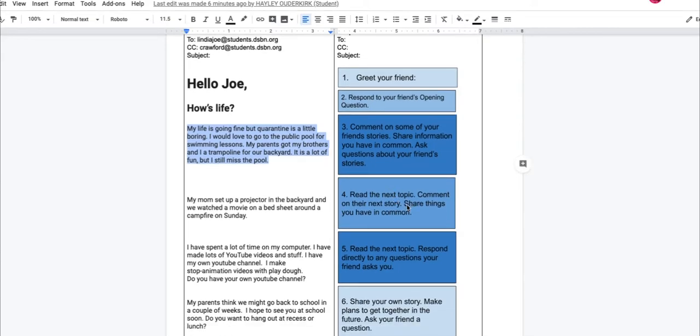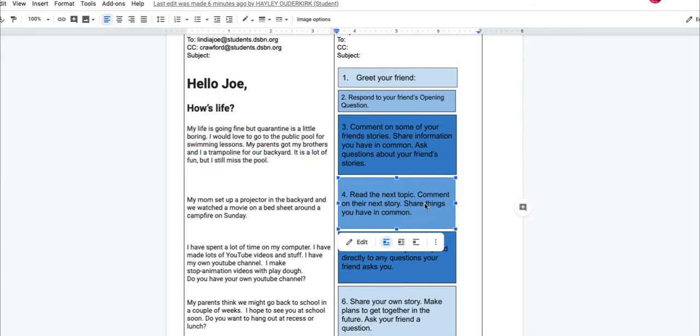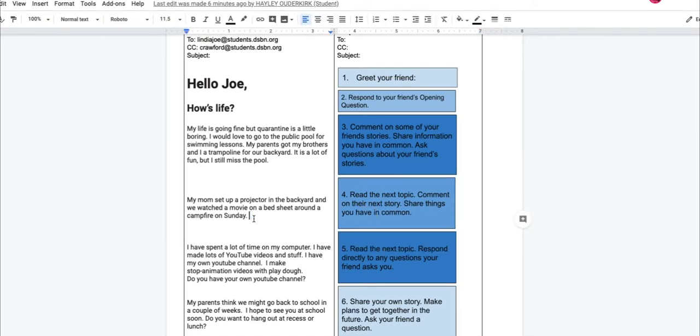So, okay, number 4, it says read the next topic, comment on their next story, share things you have in common. So what's the next topic they're talking about here? My mom set up a projector in the backyard, and they sat and watched a movie on Saturday night. So this topic might be a really cool thing they did, right?